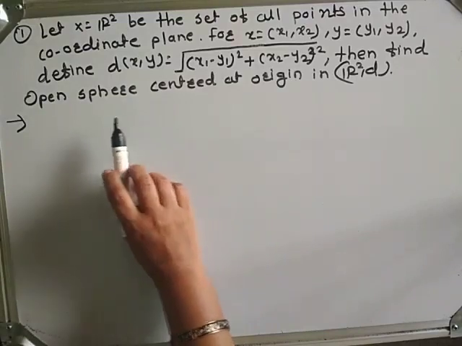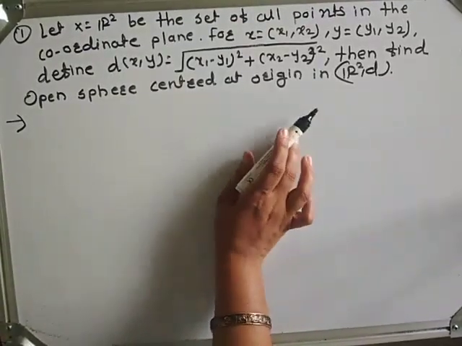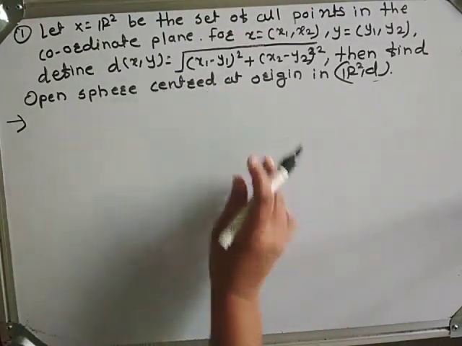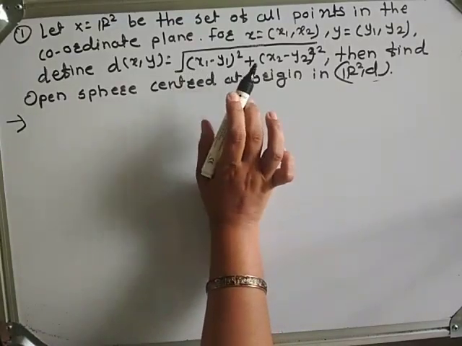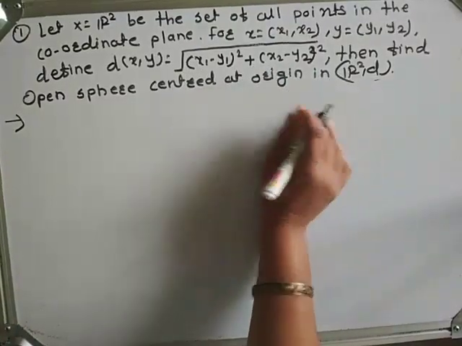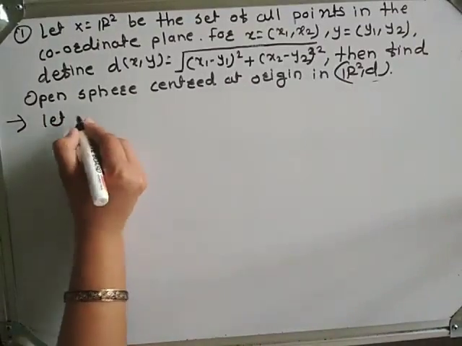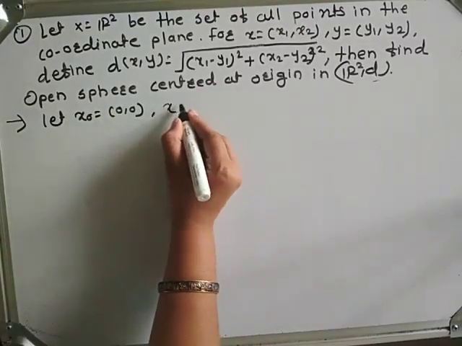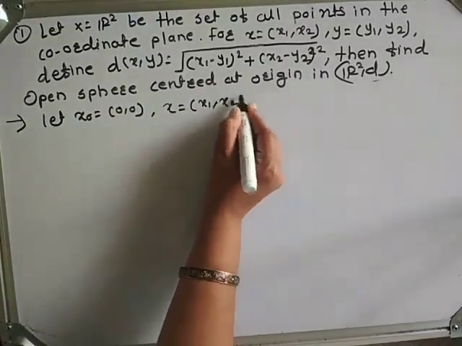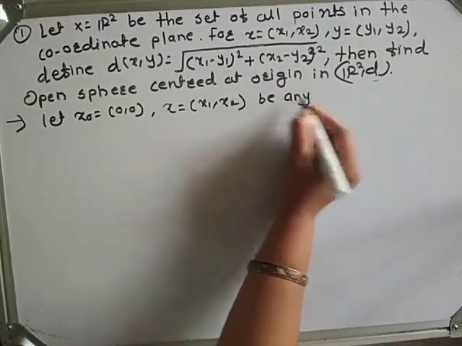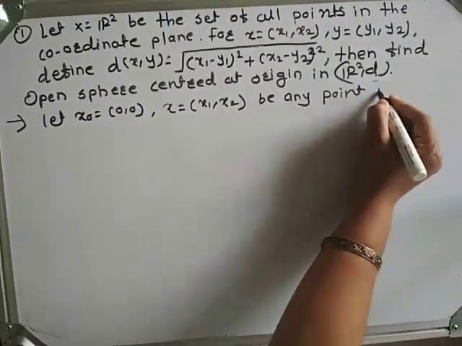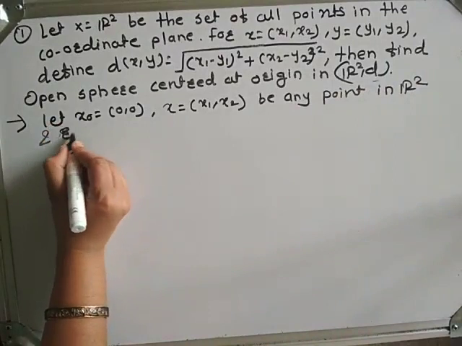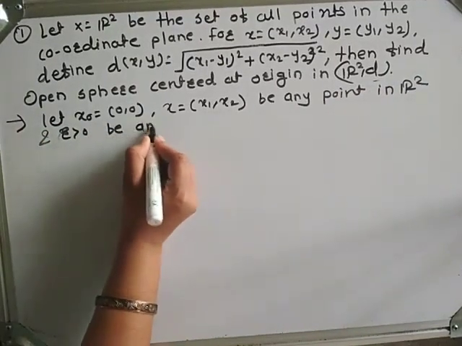Here we have to find the open sphere centered at the origin in (R2, d), where d is defined as d(x, y) = square root of (x1 minus y1) squared plus (x2 minus y2) squared. Let x0 = (0, 0) be the origin, x = (x1, x2) be any point in R2, and r greater than 0 be any real number.